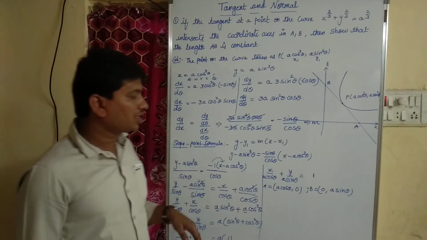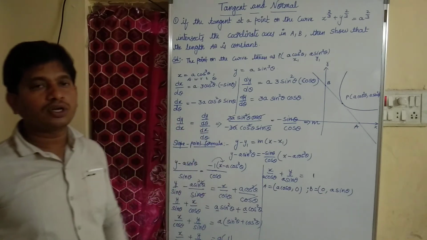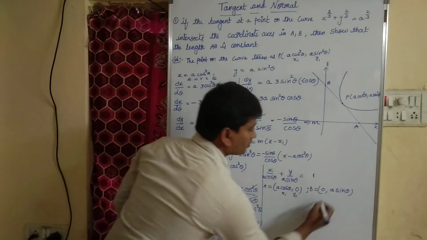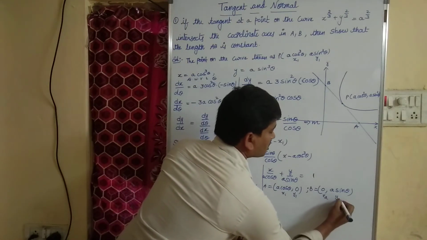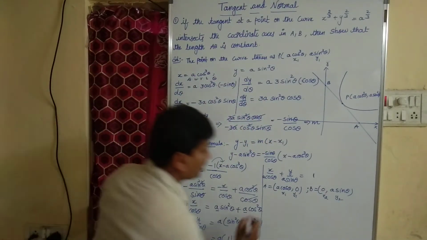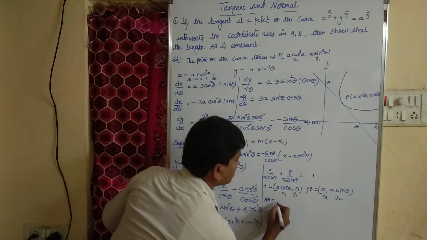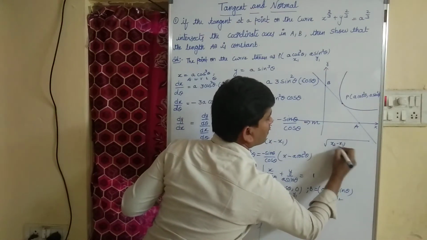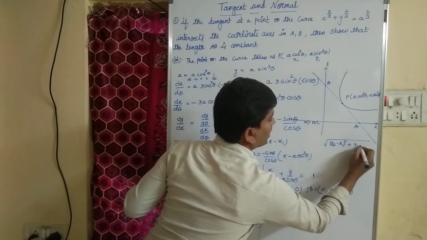Right, they are asking to prove that the length of AB is constant. So this is our x1 and this is our y1, this is our x2 and this is our y2. So for the length of AB, what is the distance between 2 points formula? Distance between 2 points is root over x2 minus x1 whole square plus y2 minus y1 whole square.